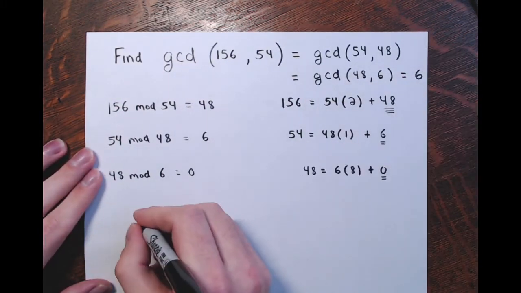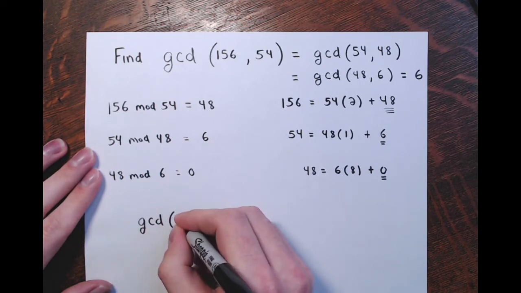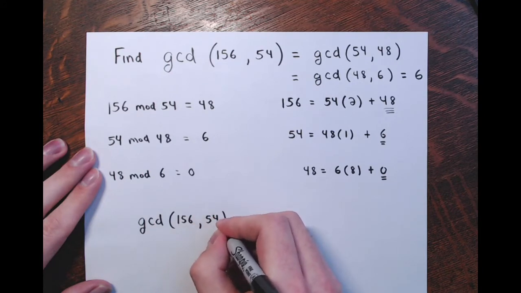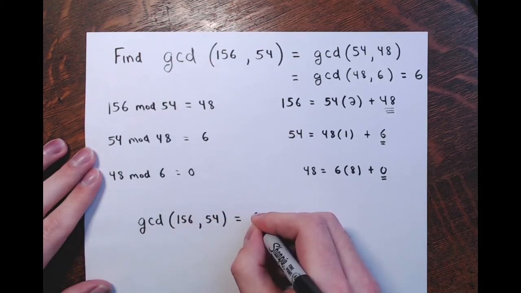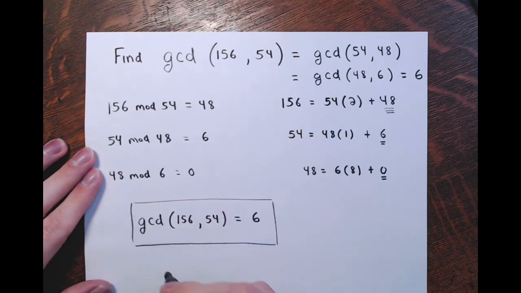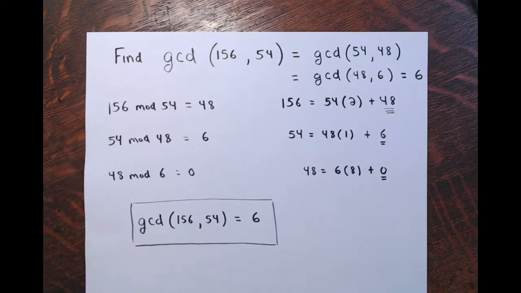So when we're all done here, we're seeing that the greatest common divisor of 156 and 54 is 6. 6 is the largest number that goes into both 156 and 54 evenly. Now we could double check this, because these numbers aren't very large, using the prime factorizations.